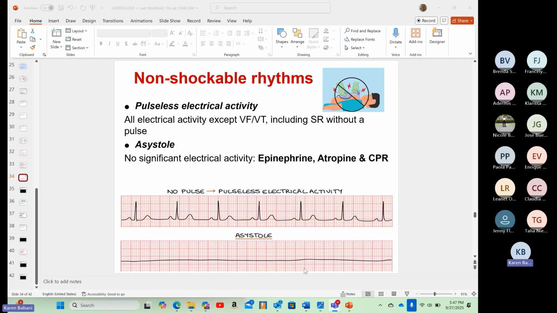Remember, asystole is a flat line. There's not going to be electrical activity. You need to give epinephrine. You can give atropine. You do CPR. You can give pacing. You can give bicarb. This is up to the doctor. Obviously, as nurses we are not the ones running the code.